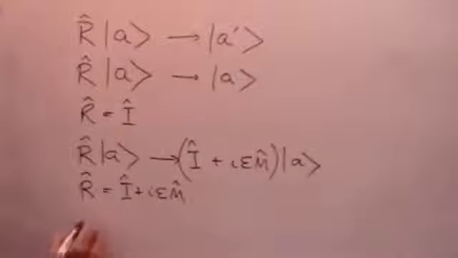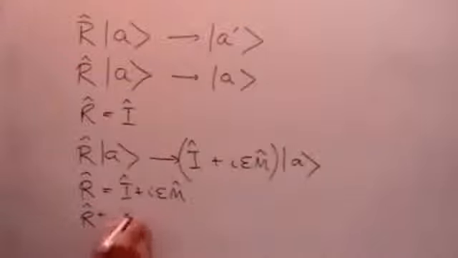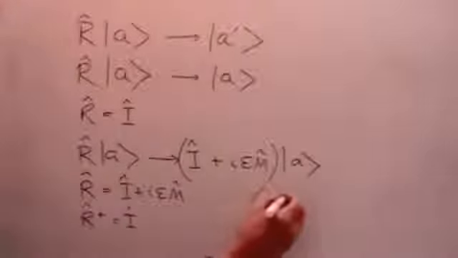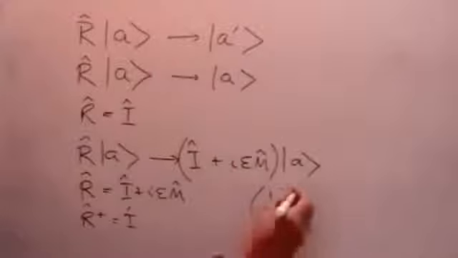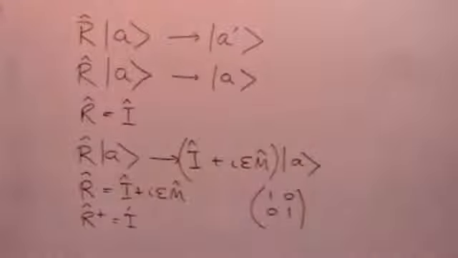And I can also write what R dagger is. That's going to be I dagger, but the transpose complex conjugate of an identity operator is simply the identity operator. You know, in a 2x2 operator, the identity operator would be just ones along the diagonal and zeros everywhere else.